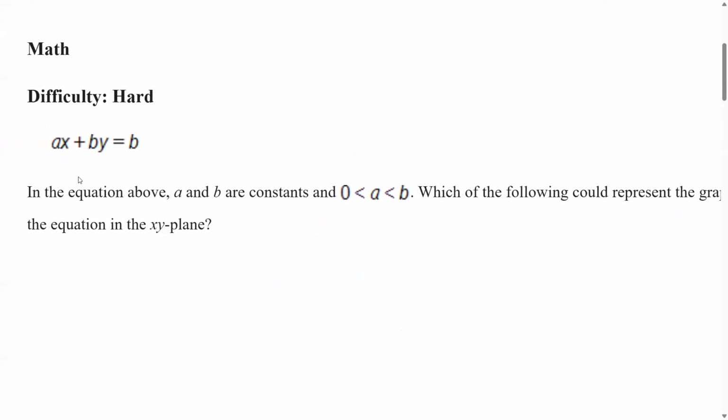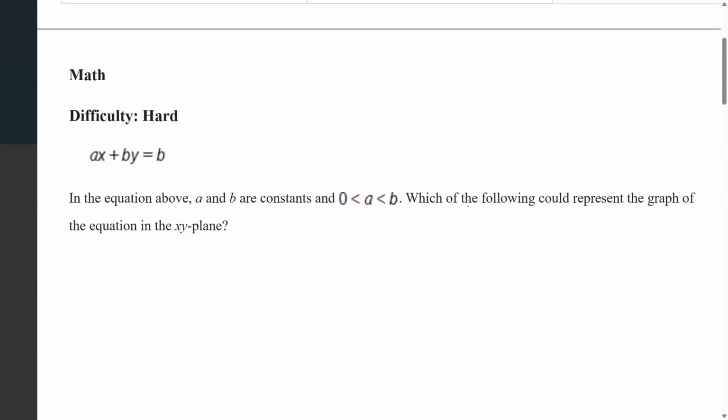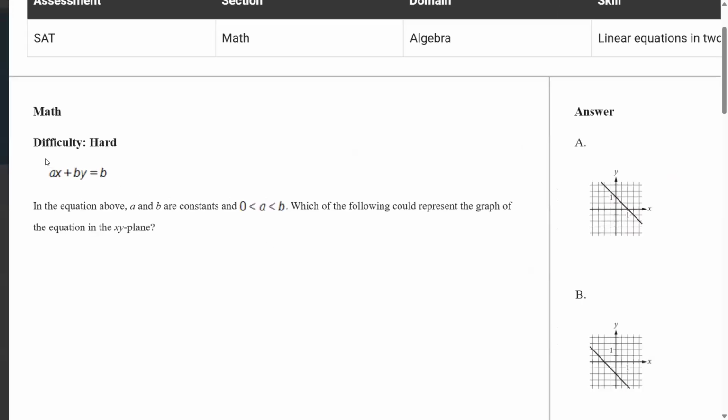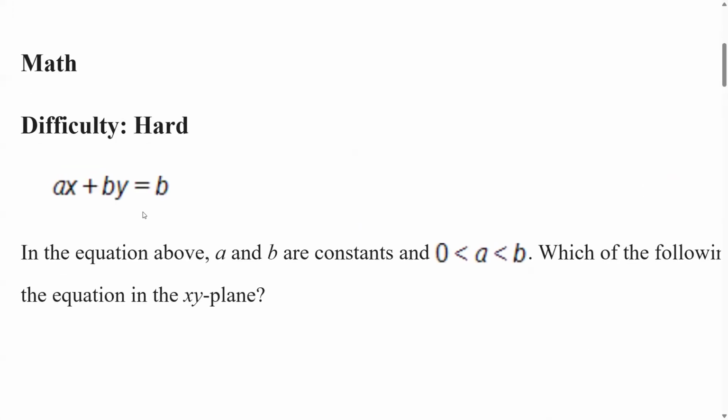In the equation above, a and b are constants, and a is between b and 0. Which graph could represent the equation in the xy plane? So a is more than 0, b is more than a. Let's see, what does this represent?